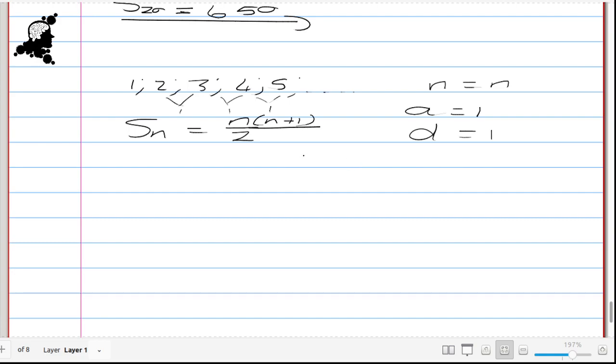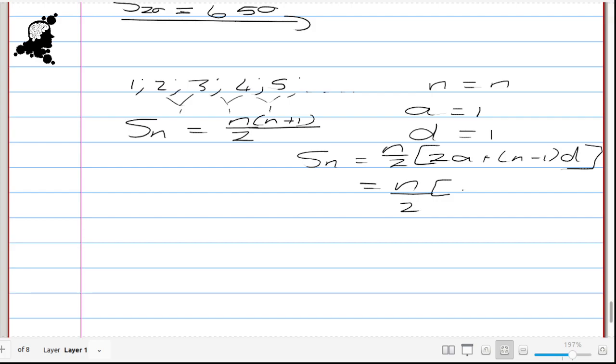We could substitute into our equation Sn is equal to n over 2 open brackets 2a plus n minus 1 times d. This is going to give us n over 2 into 2 times 1 plus n minus 1. The value of d is 1, so I need not write it.